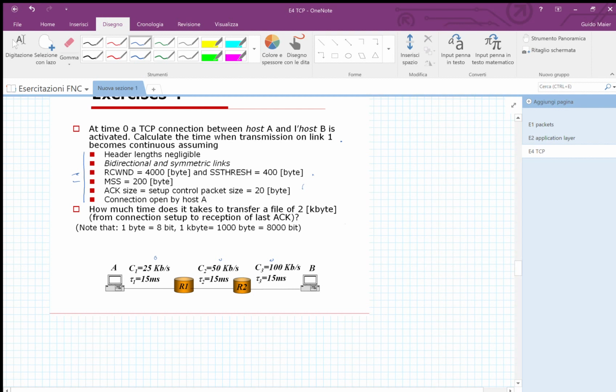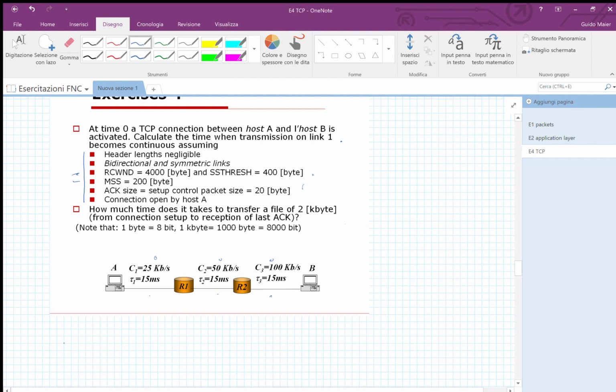So also in this case, we will not have queuing at intermediate nodes. It is not explicitly said, but we can assume that there is no other traffic than the segments of this specific connection. And moreover, in this case, we have constant propagation time in all the links.